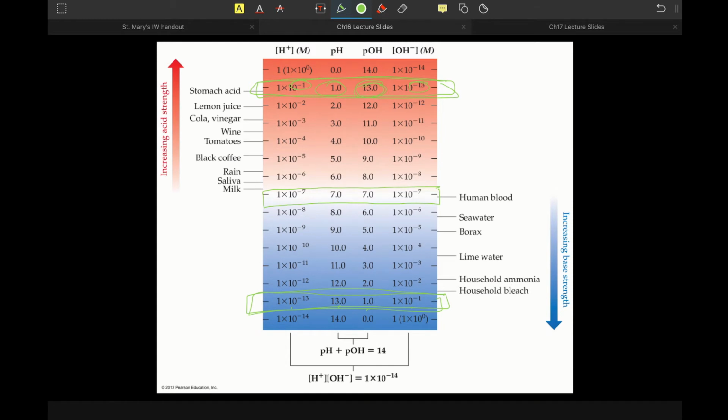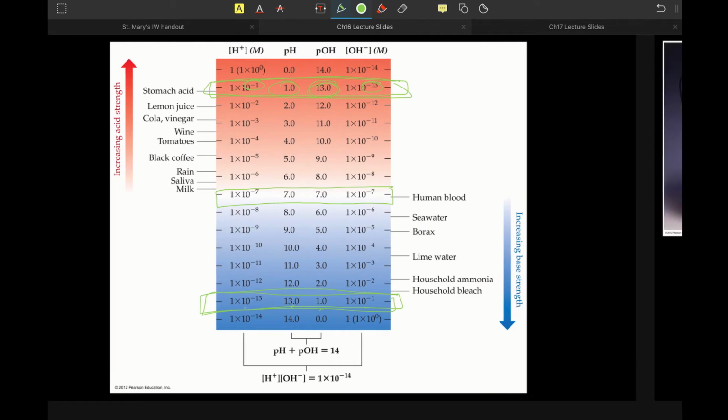If you think you got a pH of 13, but it's an acid solution, you might want to go back and double check that you did it all right, because it might be that you just forgot a step somewhere in relating pH and pOH correctly, which is the beauty of being able to double check in chemistry. All right, so make sure you understand this, make sure it makes sense to you.